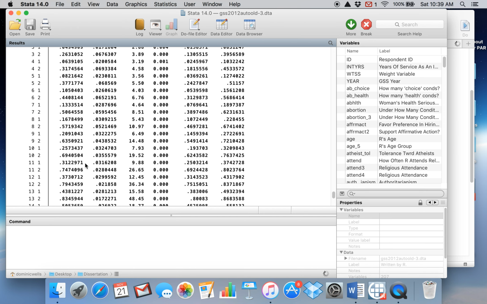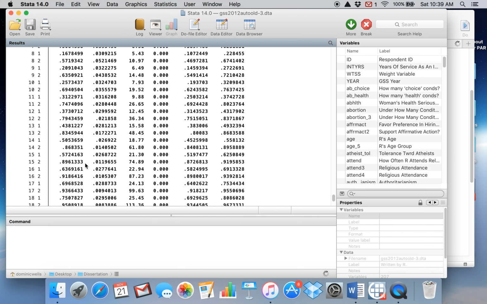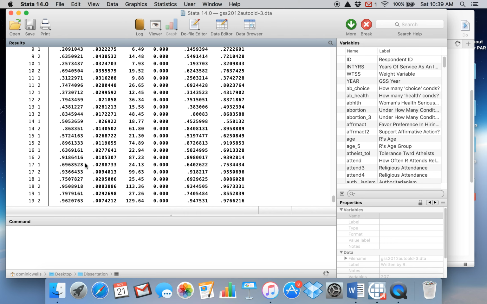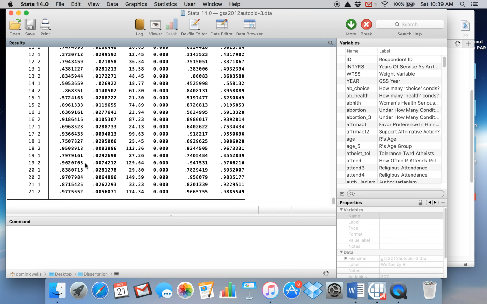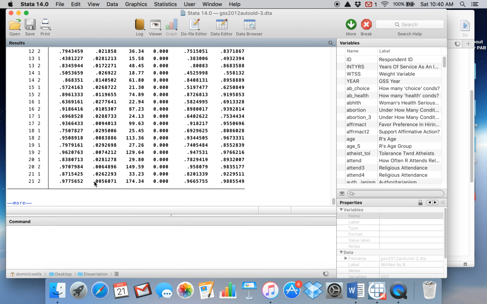So if you wanted to look at the probability of somebody voting in the 2008 election with 20 years of education who's under 30, so somebody like myself, I would be about at a 0.84. But if I were over 60 with the same amount of education, I would be at a 0.97. So it's kind of common knowledge in politics that young people are less likely to vote than old people, and even controlling for education, we see that.